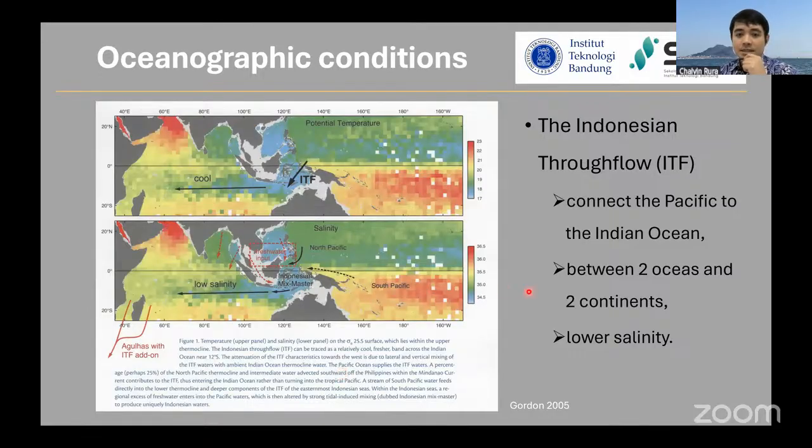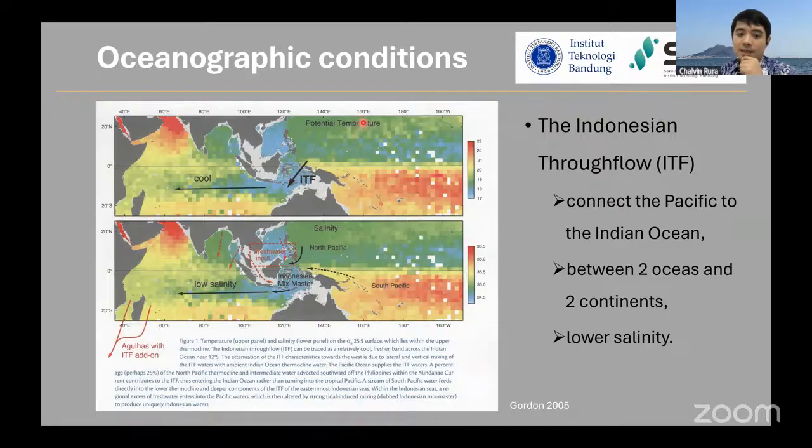Because of its position, Indonesia is located between two main continents, and it connects the Pacific Ocean and the Indian Ocean. It creates a unique habitat for fishery. Particularly, the effect of this position is lower salinity. Because it's in the tropical region, this lower salinity comes from the high precipitation.